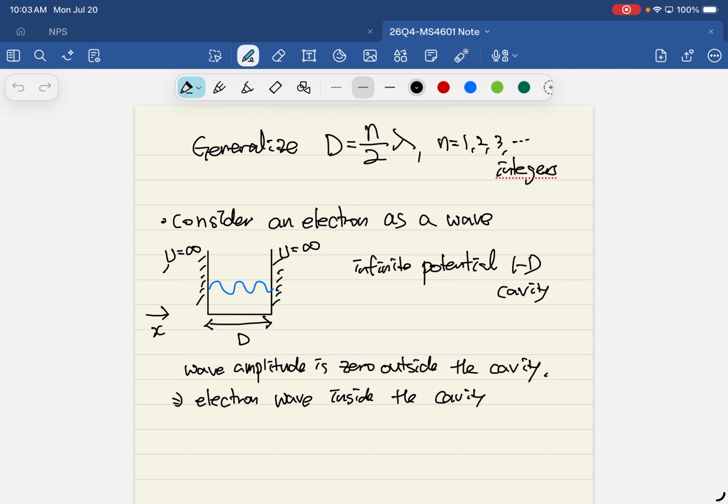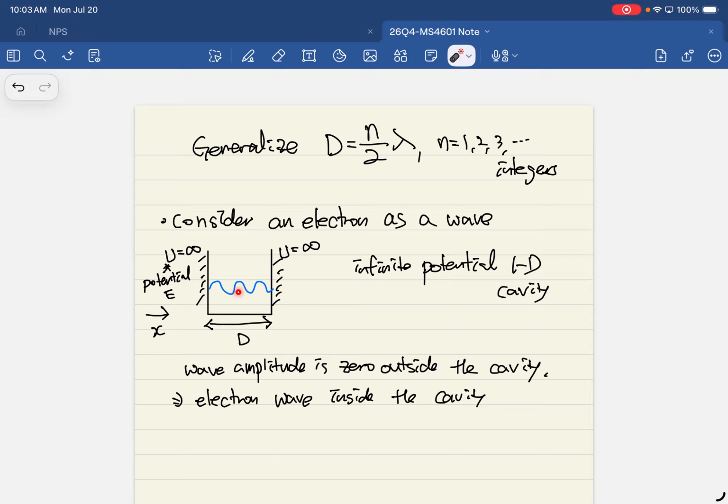If the electron is located within the cavity, that's the case of an infinite potential 1D cavity. So the question is, can we find the electron at the wall or outside of the cavity? The answer is no.